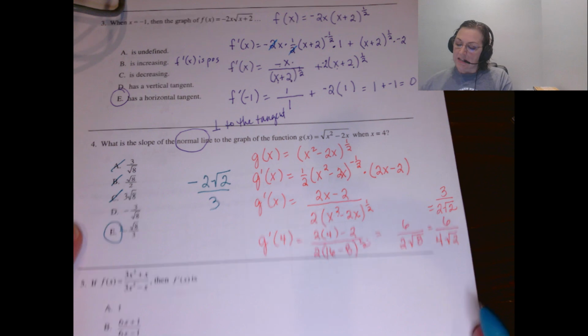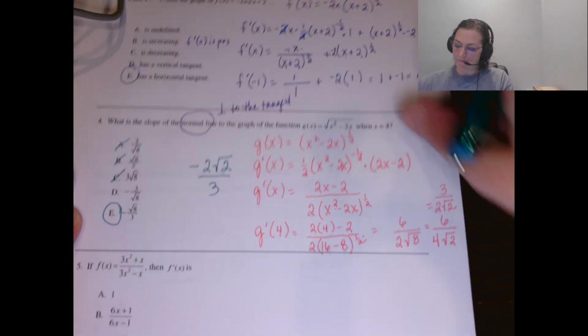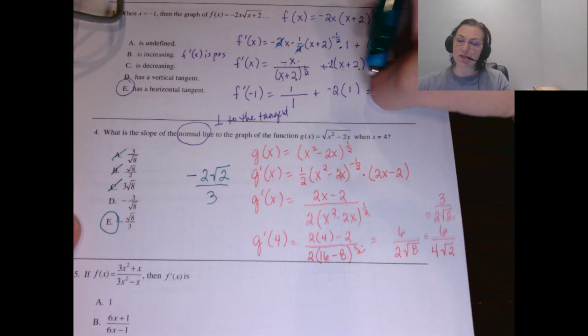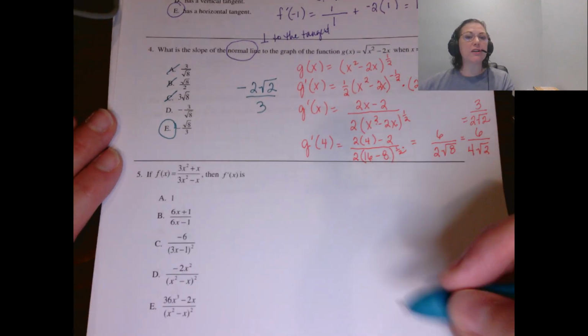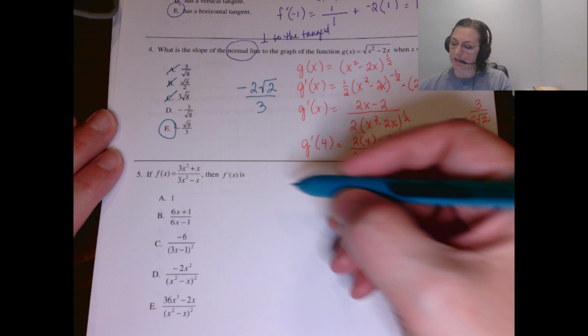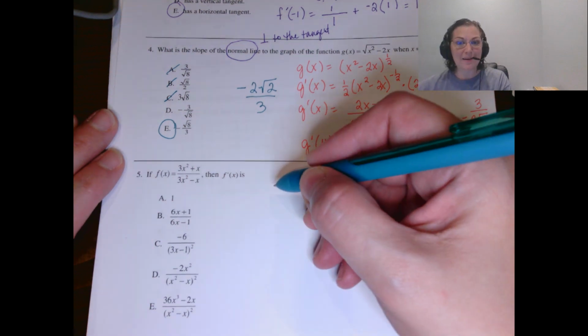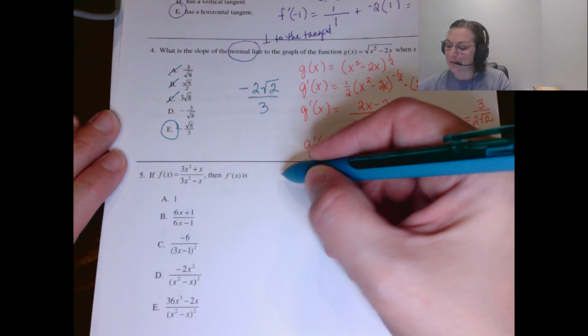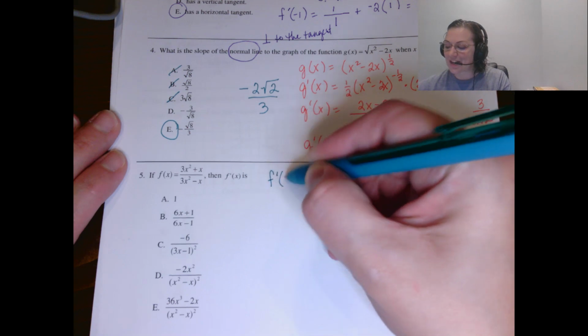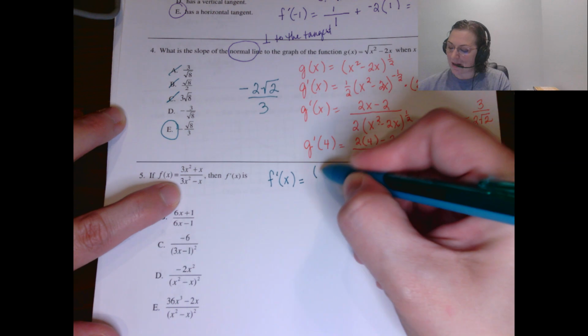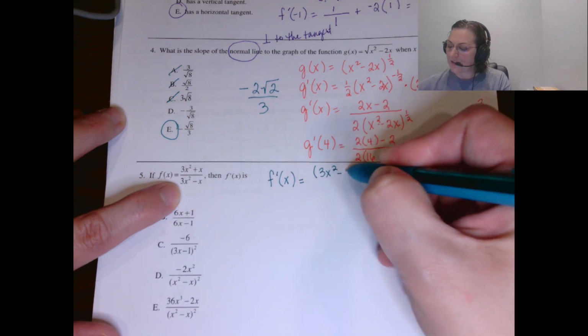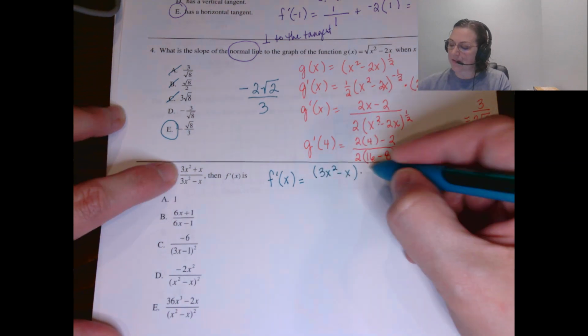Okay, let's look at number 5 then. We are just straight up finding the derivative on this one, looking for the quotient rule. So remember low D high minus high D low over low squared. Just a phrase that helps us remember. Low means the denominator. D high means the derivative of the numerator.